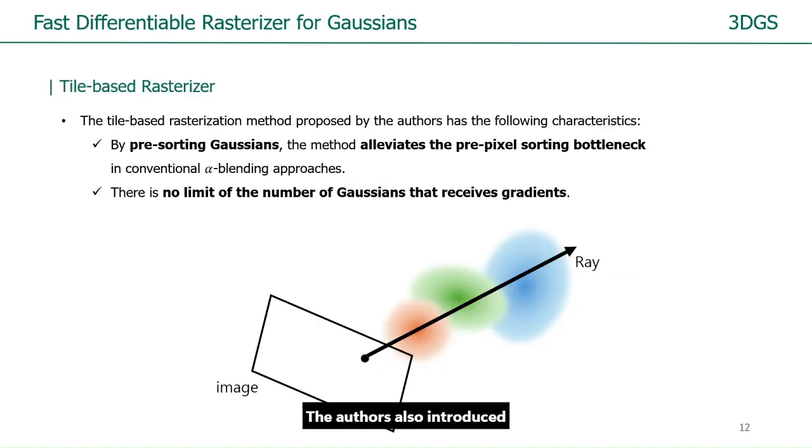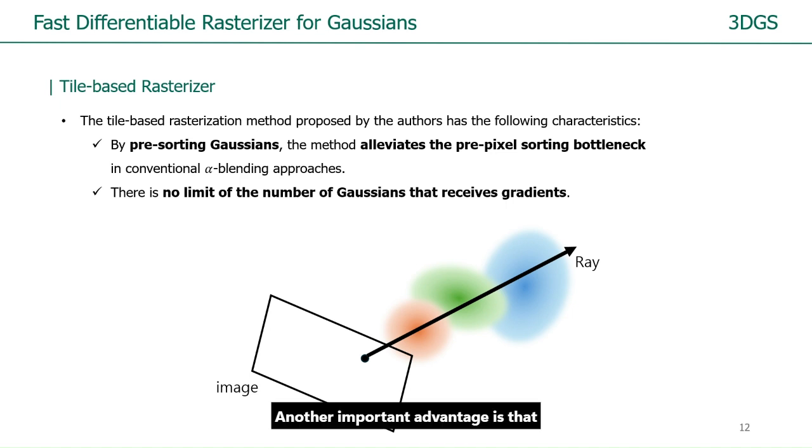The authors also introduced the tile-based rasterizer. The key idea is to pre-sort the Gaussians in advance. By doing so, the method alleviates the expensive per-pixel sorting bottleneck that commonly appears in conventional alpha blending-based rendering approaches.